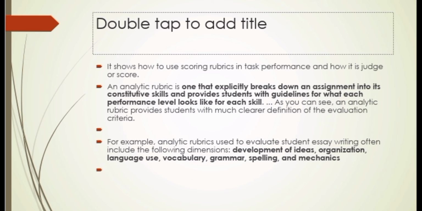As you can see, an analytic rubric provides students with a much clearer definition of the evaluation criteria. For example, analytic rubrics used to evaluate student essay writing often include the following dimensions: development of ideas, organization, language use, vocabulary, grammar, spelling, and mechanics.